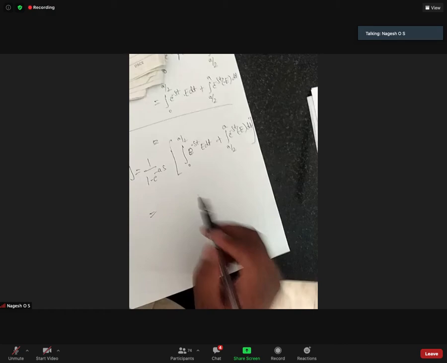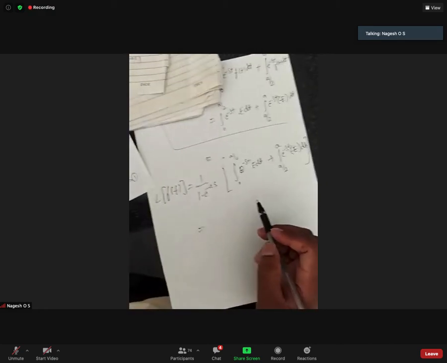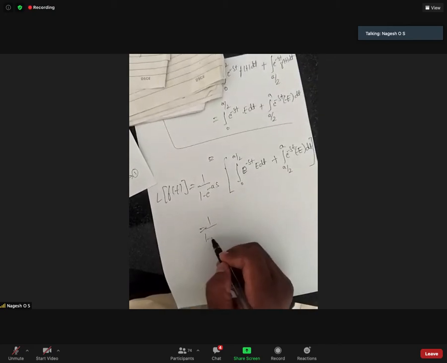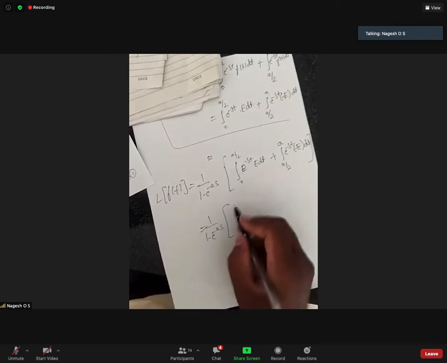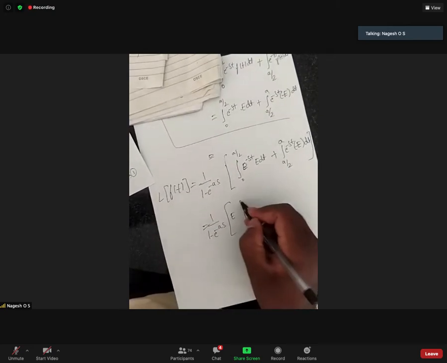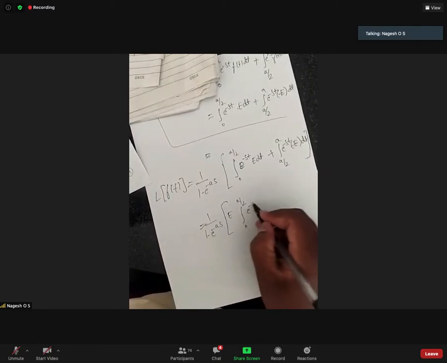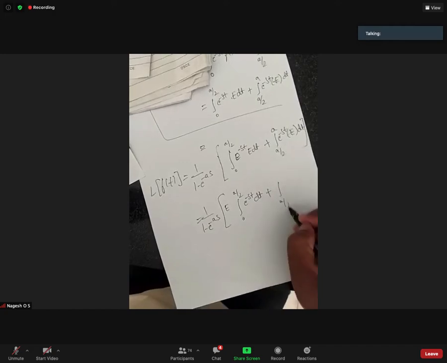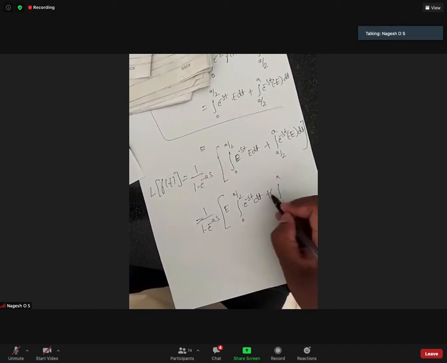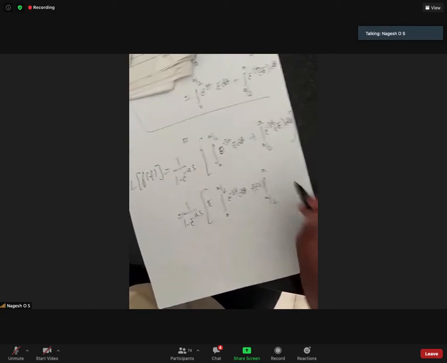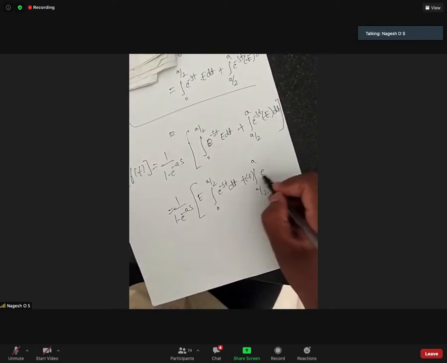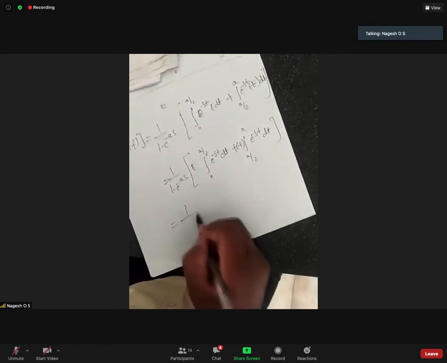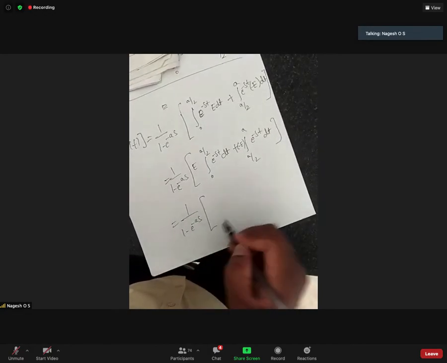With respect to t we are integrating, means e we can take out as common. 1 by 1 minus e power minus as, e, 0 to a by 2 e power minus st dt plus a by 2 to a, again minus e common outside, e power minus st dt.